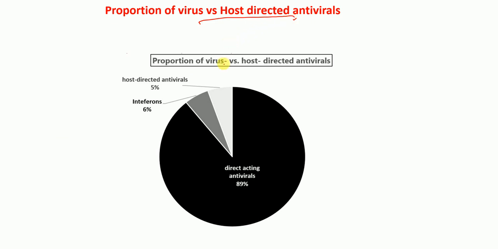Now, finally, the proportion of directly acting versus host-directed antiviral agents. As you can see in this graph, the directly acting antiviral agents account for approximately 89 to 90% of the antiviral drugs, whereas if we combine interferons and host-directed antiviral agents as one class, even though interferons have been represented here as a separate class, that only accounts for around 10%.